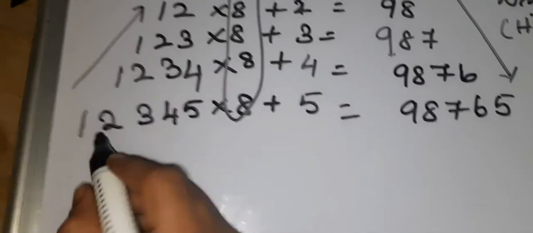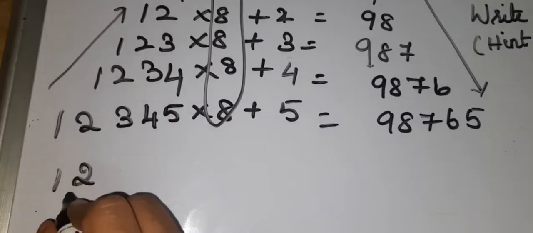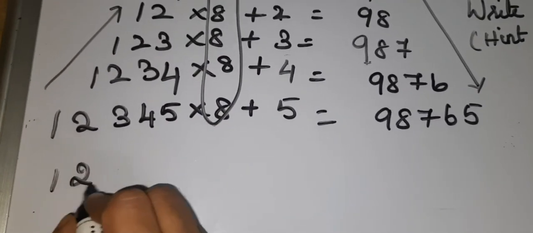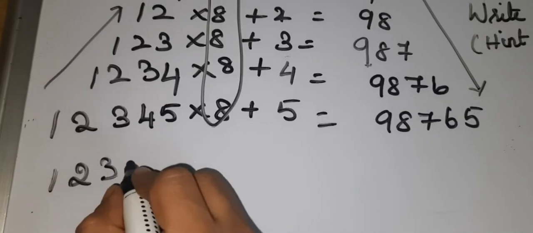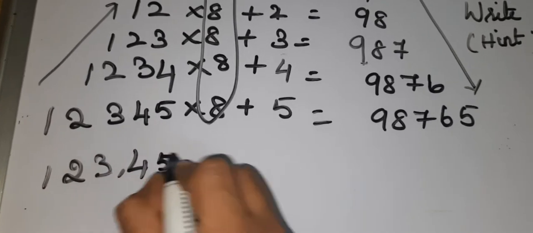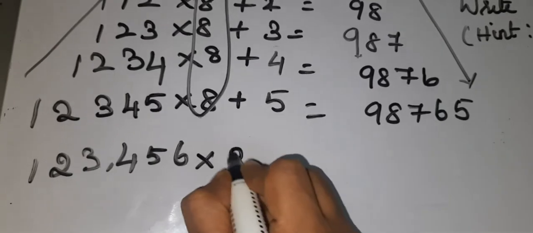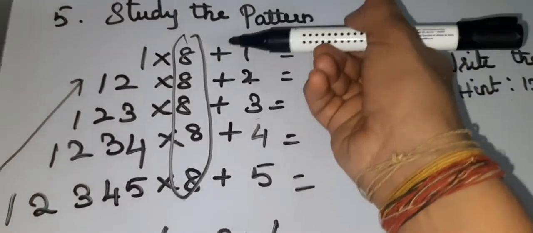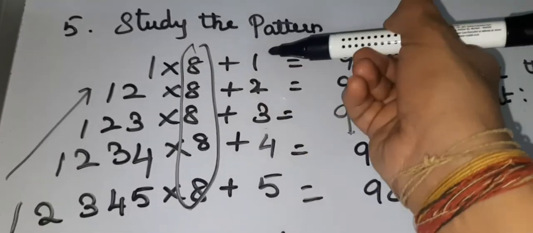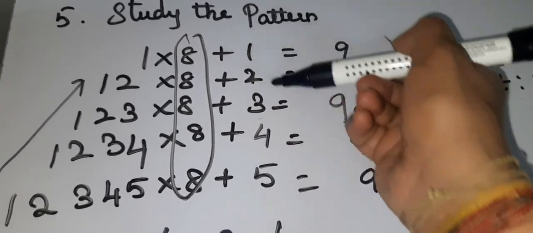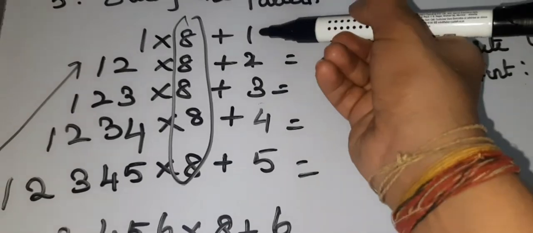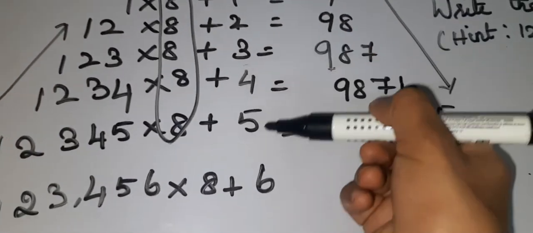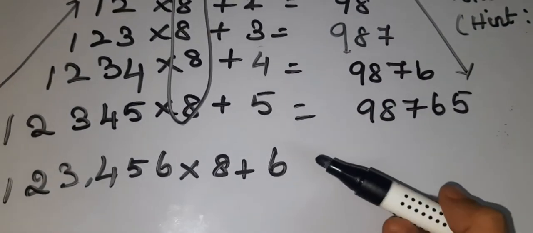So obviously the next number would be 123,456 multiplied with 8 plus 6. Why? Because the number added after the multiplication is in increasing order: 1, 2, 3, 4, 5, and the next number is 6.